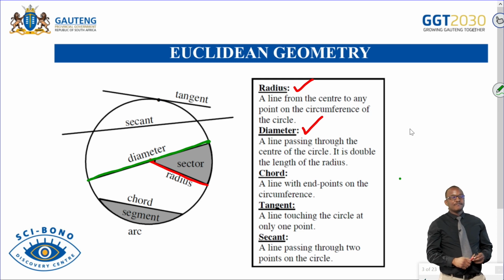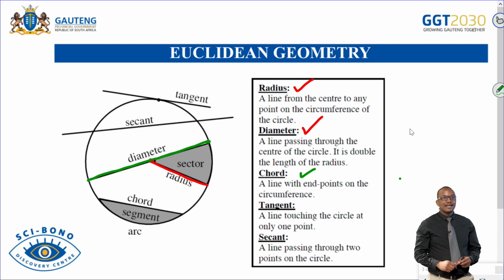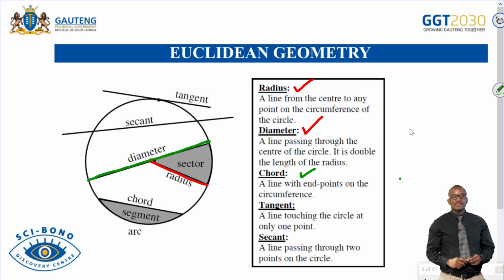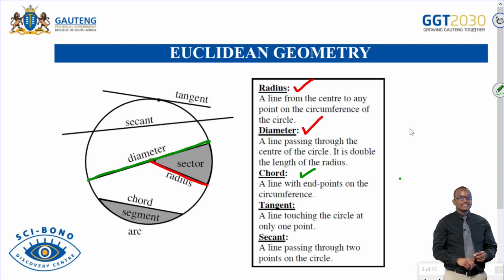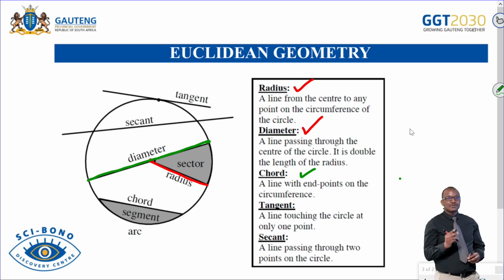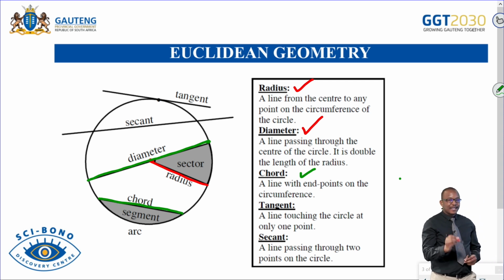Then from there we have a chord. A chord is a line with endpoints on the circumference, but it doesn't cut the circle. It's only touching the circle on 2 points and is not going through the center.